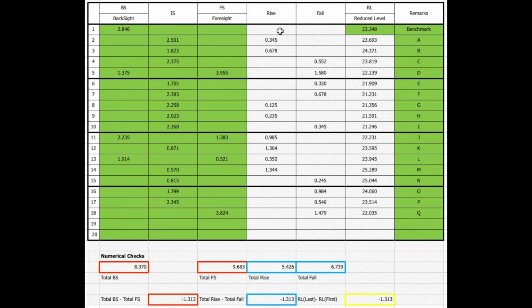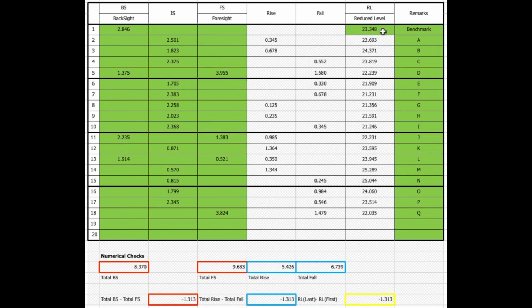The spreadsheet will look through each set of readings and the readings preceding and determine whether the difference represents a rise and places a value under the rise column, or whether it represents a fall and then places the difference under the fall column.